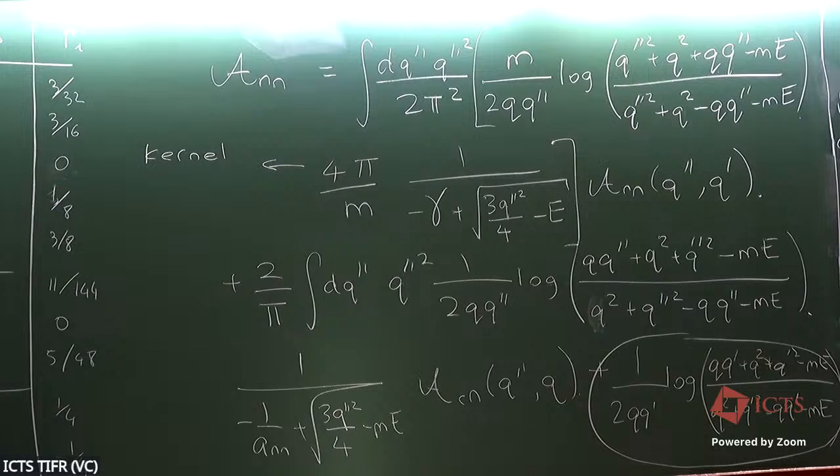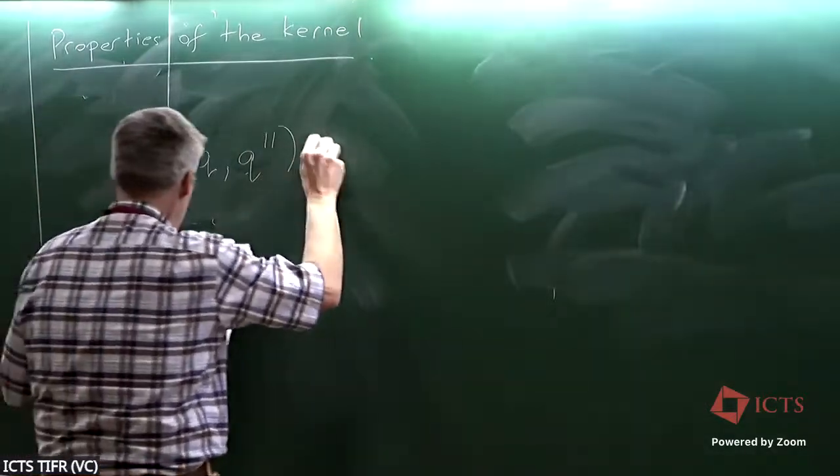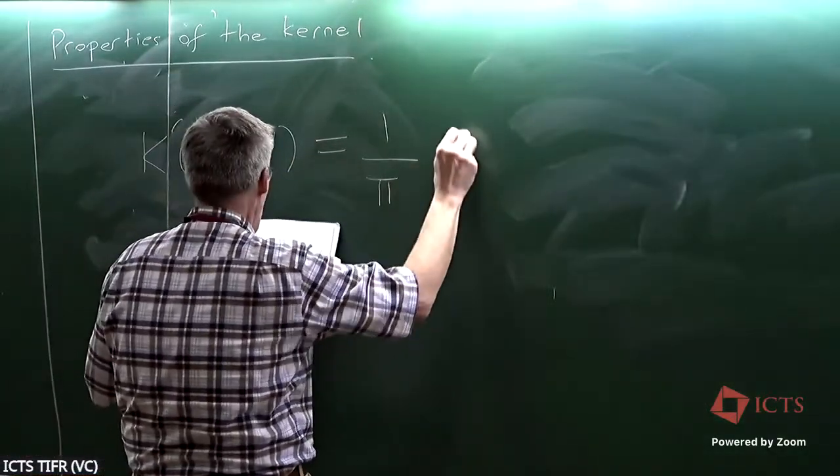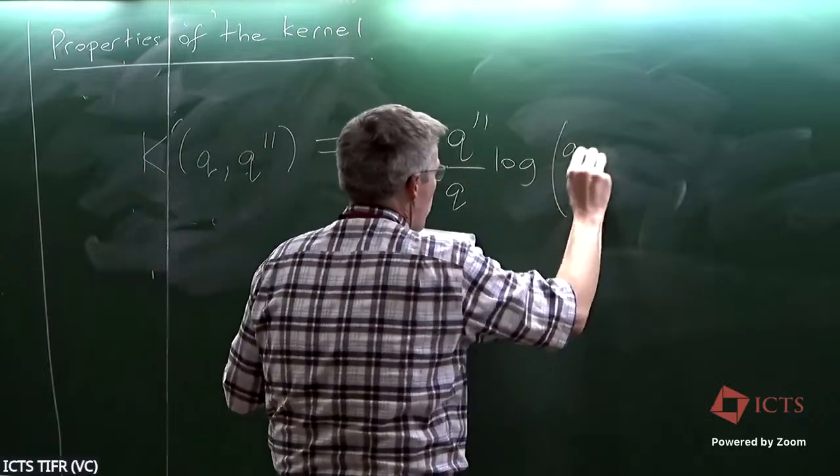If you sit there and do a little bit more cancelling, you'll discover that the kernel, I'll call it K, because I'm not very imaginative, is 1 over pi Q double prime over Q, and there's this log.